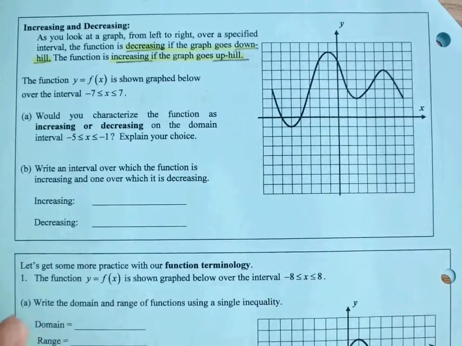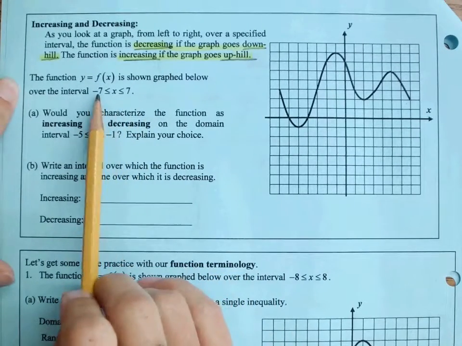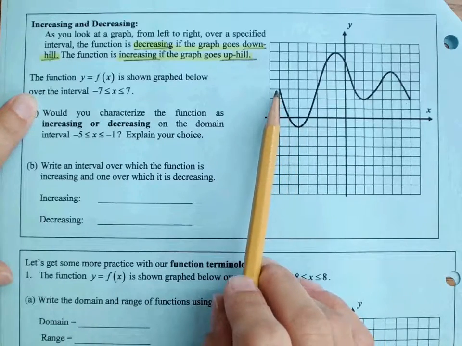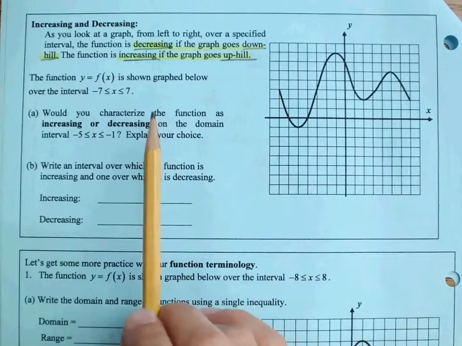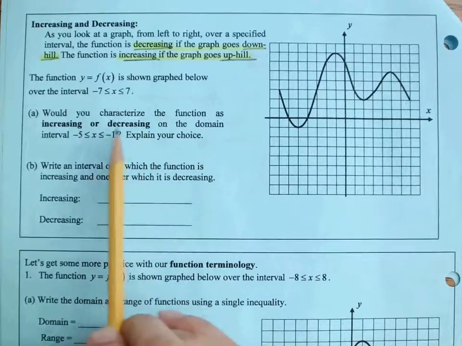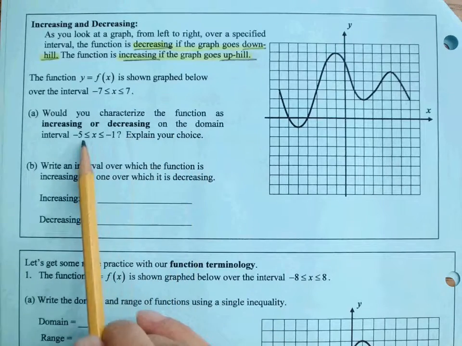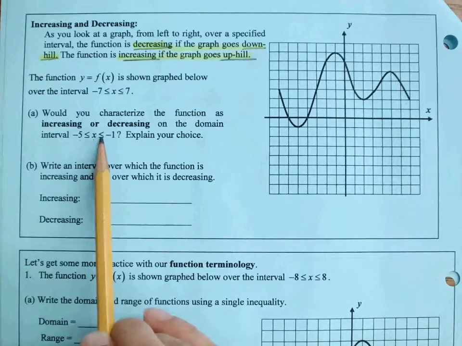All right, remembering that, this next part just tells you that we have the function y equals f of x over the interval from -7 is less than or equal to x, which is less than or equal to 7. So this is just proper notation. Would you characterize the function as increasing or decreasing on the domain interval of -5 is less than or equal to x, which is less than or equal to -1?